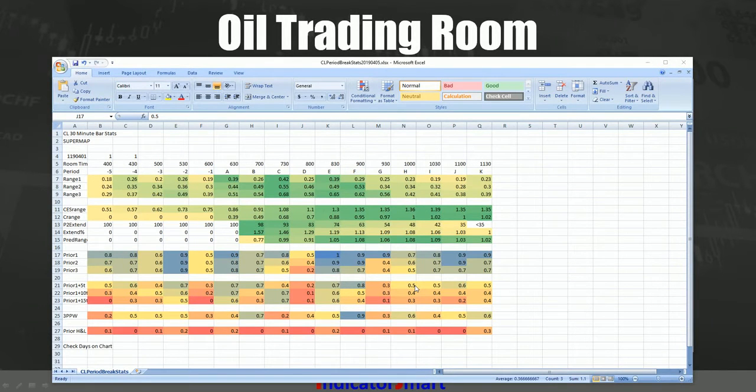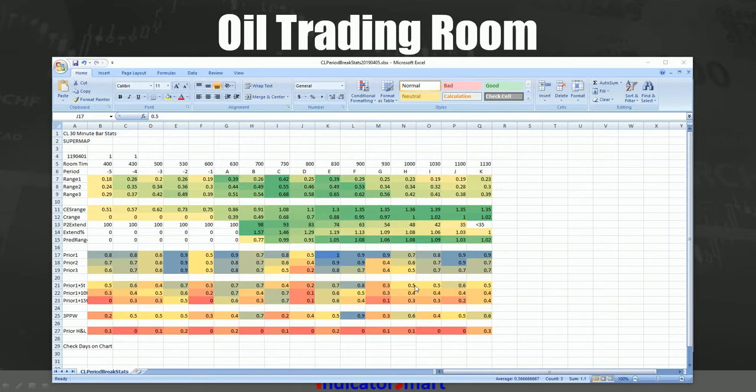You can see from this table in general that scalping to the prior 30-minute period extreme is a very viable strategy in this market. That's the same in other markets as well.